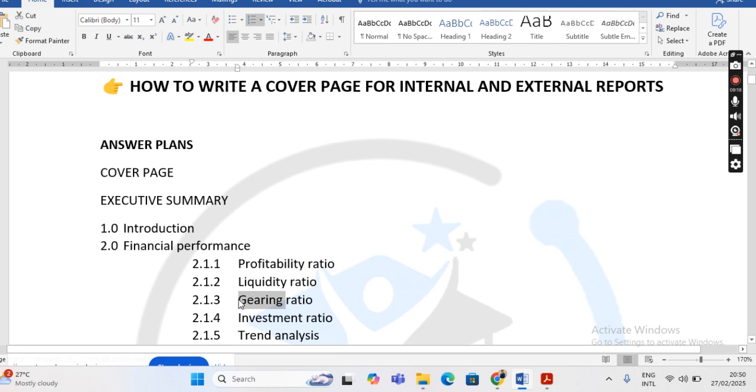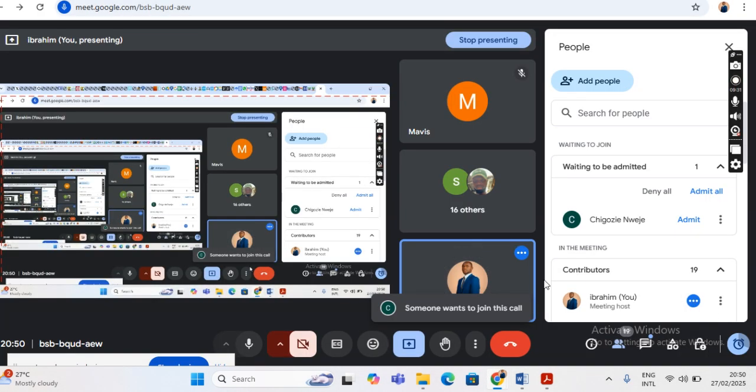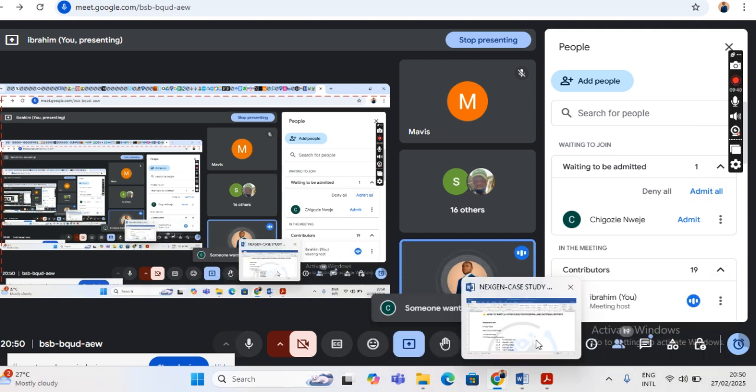Let me use solvency ratio, right? Then let me quickly replace this with activity ratio. Another name for activity ratio is called what? Because they may use another name. Then you ask yourself, which one is this one now? Right? So what is activity ratio?